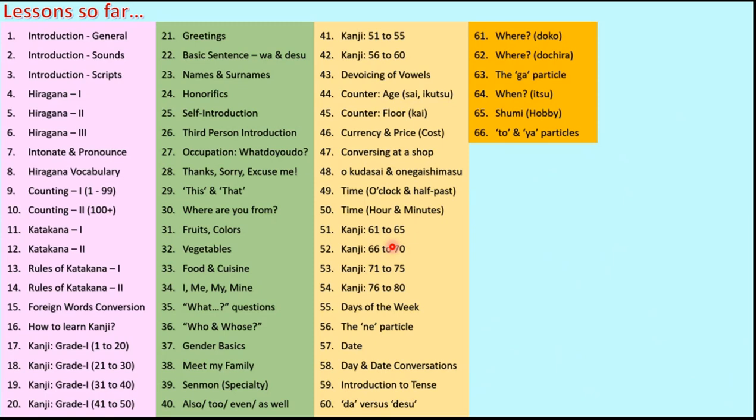O particle we have discussed a little bit in one of the previous lessons, but we haven't yet discussed ni particle. So in the next lesson, that is lesson 68, we will be discussing ni particle, and after that we will be able to form full sentences using verbs and other parts of the sentence.